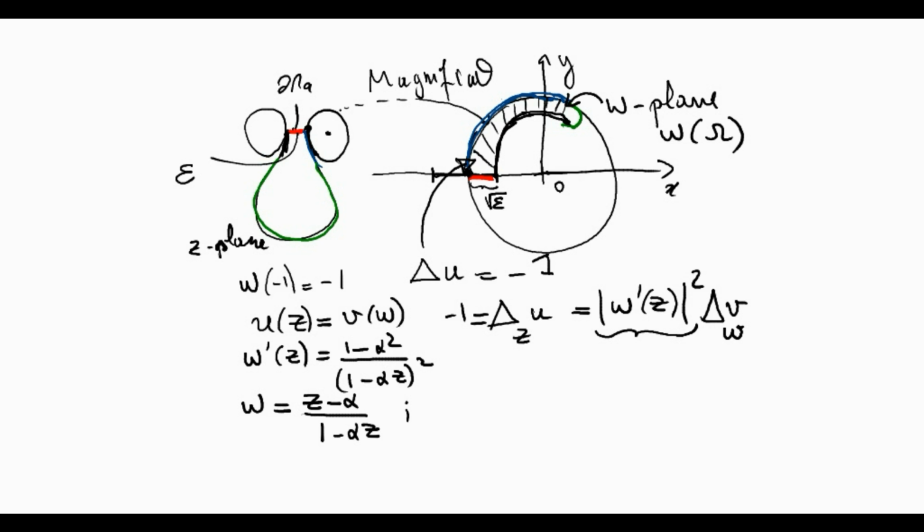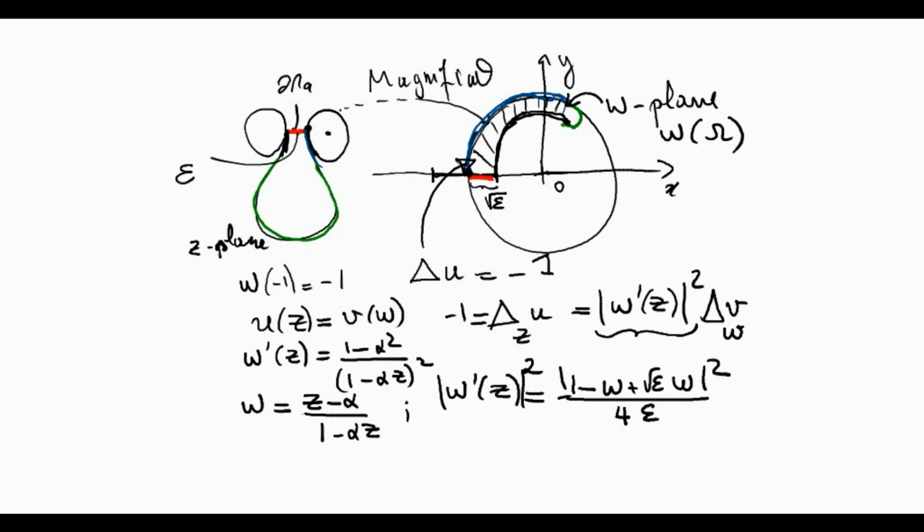So I'm not going to do all the calculation, but the result is that omega prime of z equals (1 minus omega plus square root of omega) squared divided by 4 omega, and this is squared.